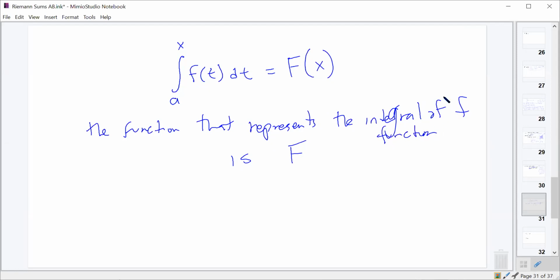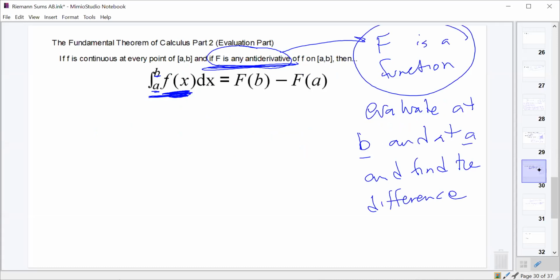And so according to the fundamental theorem of calculus, part 2, if capital F is the integral function, then if I were to take the integral from a to x, I should find the function that is the integral of little f, which is capital F. I should evaluate it at x, and I should evaluate it at a, and I should find the difference between the two of them. Right? That's exactly what this said right here.